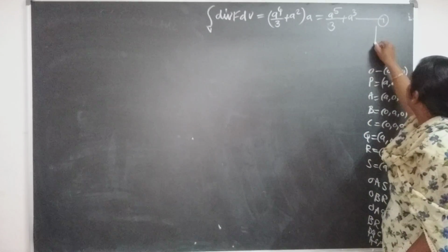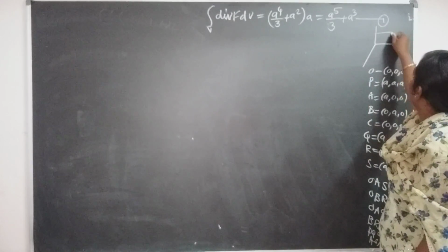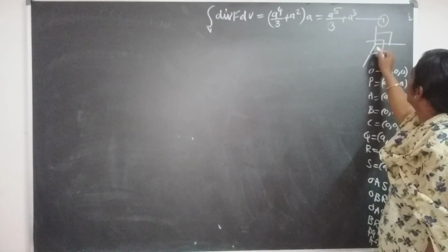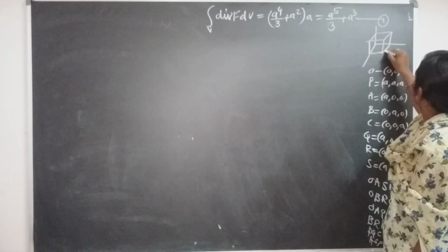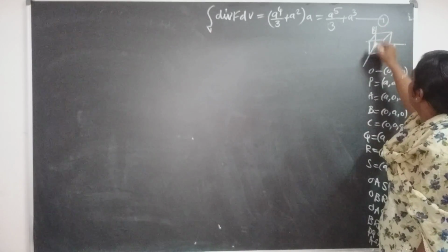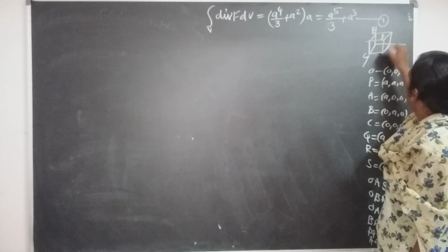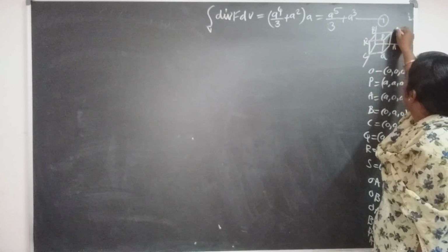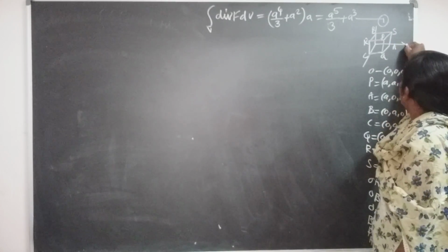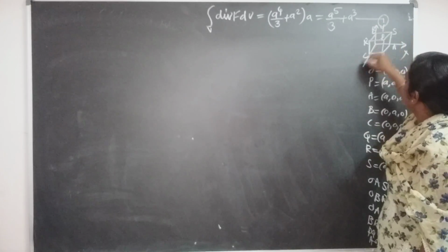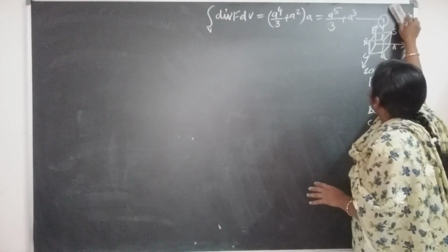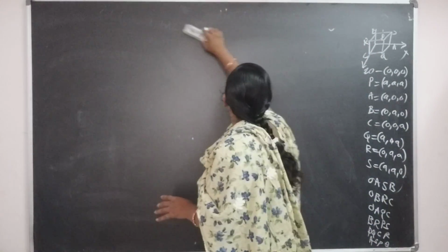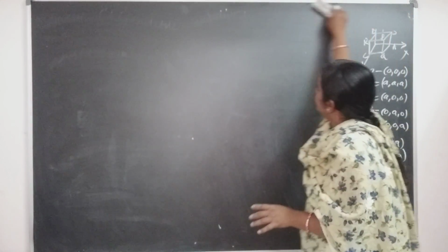The diagram is A, B, C, P, Q, R, S. It is z. A power 5 by 3 plus a cube.